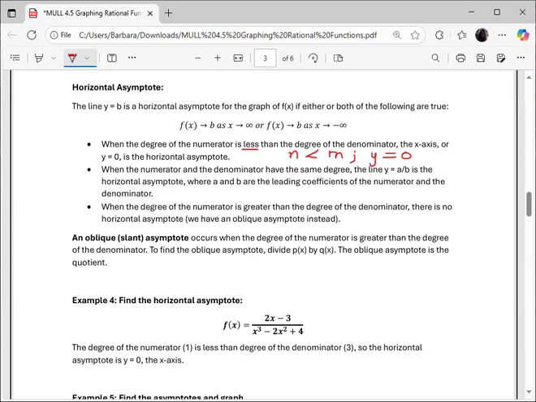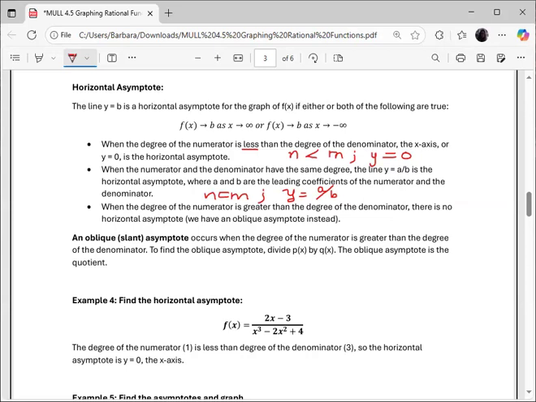In another case, when the numerator and denominator have the same degree, that is n equals m, then the horizontal asymptote will be the coefficient of the lead terms. So if a is the lead coefficient of the numerator and b is the lead coefficient of the denominator, then our asymptote is y equals a over b.